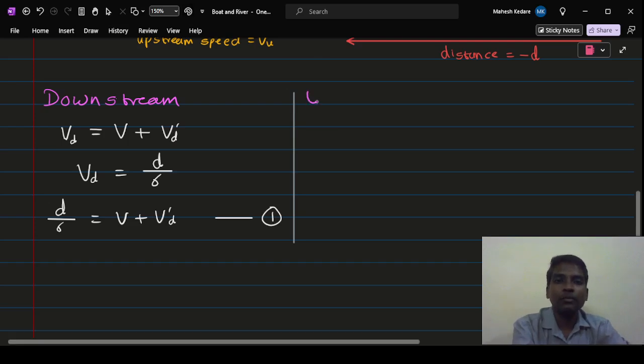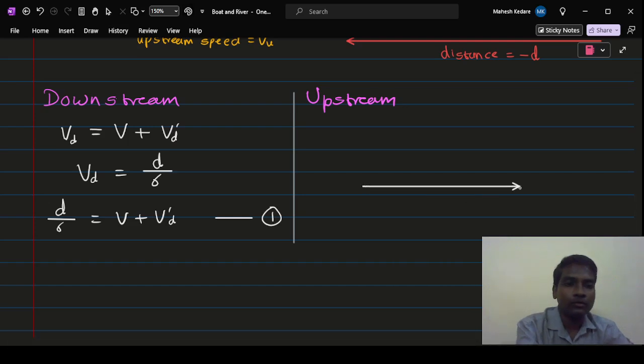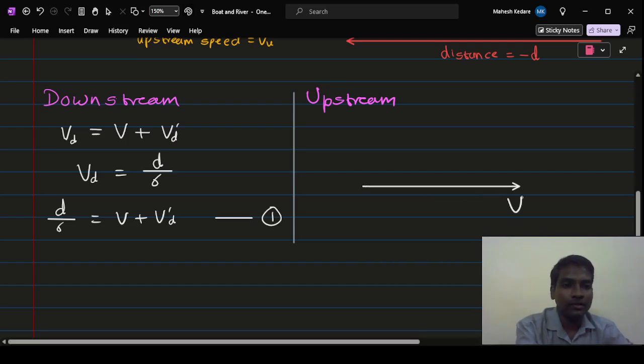Now upstream motion. In upstream motion, the river flows, say, towards right with the speed denoted by V, and the boat travels in the opposite direction. The boat travels with the speed, say, Vu dash relative to the river flow.